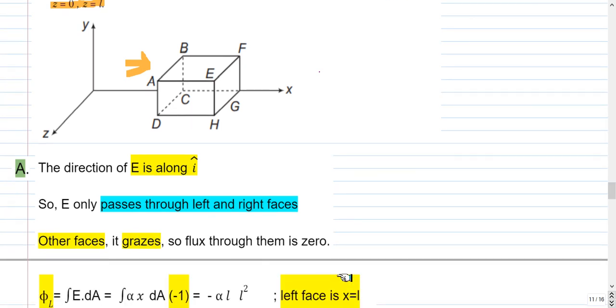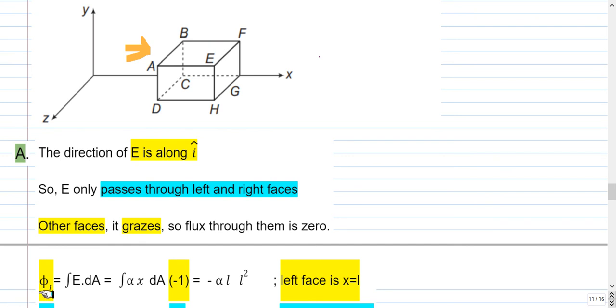To find electric flux passing through the left face, we have to do integral E dot dA. The rule for drawing the area vector is that it is the outward normal. So for the left face, the direction of area vector is towards left, which is outward normal, and for the right face, the area vector is outward normal, which is towards right.